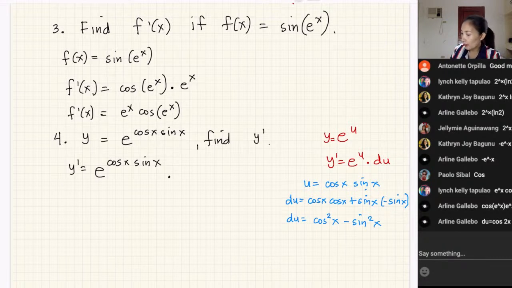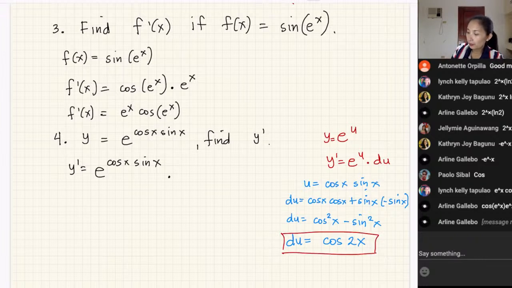So we could simplify this as du equal to cosine 2x. So may we use this as our du, to simplify it. So times our du, which is cosine 2x, and that's it. So the answer is e raised to cosine x sine x times cosine 2x.